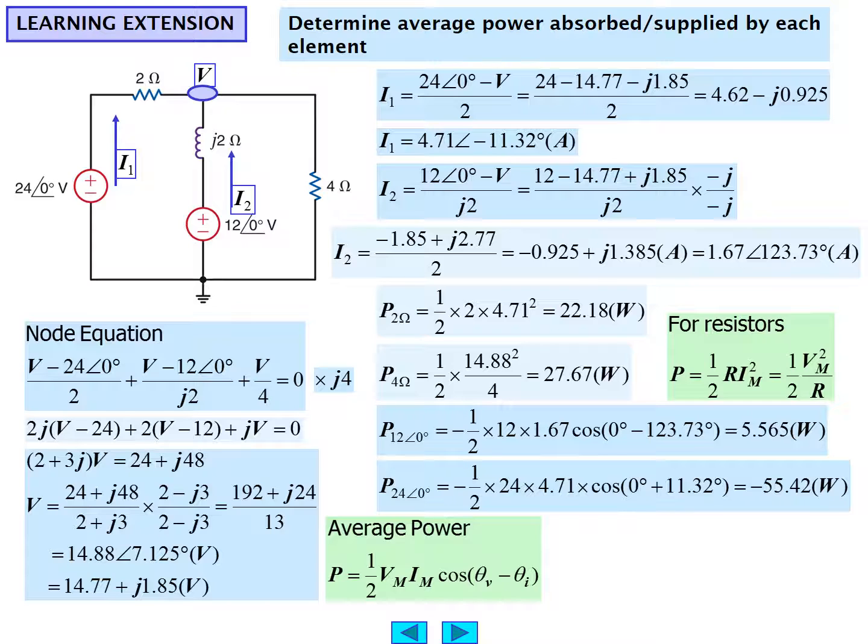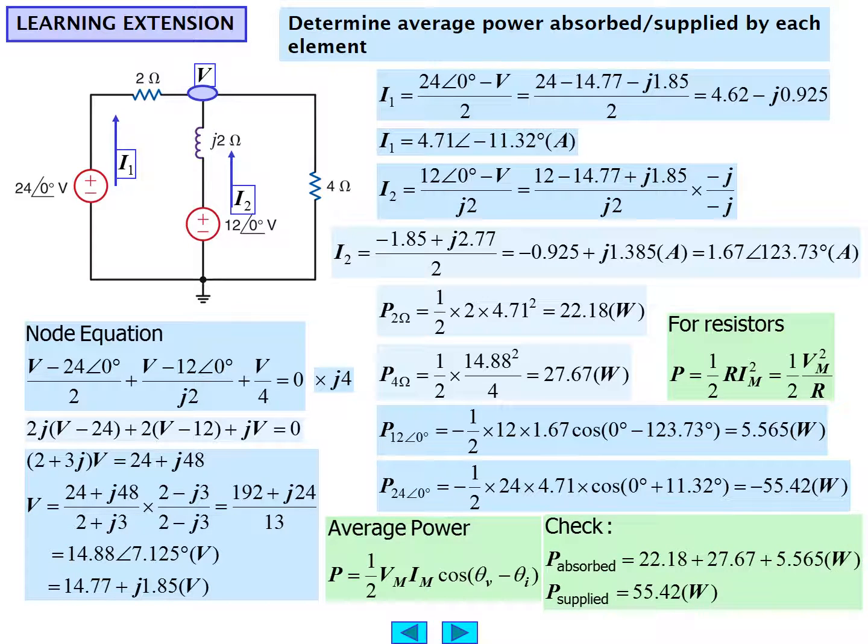It is fortuitous because that particular difference does provide the total power being absorbed. I'm sorry, the power supplied is 55.42 watts, and we would produce the same representation by the absorbed power.